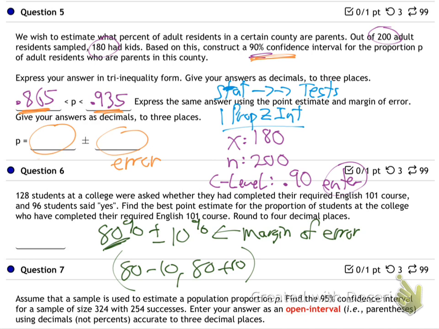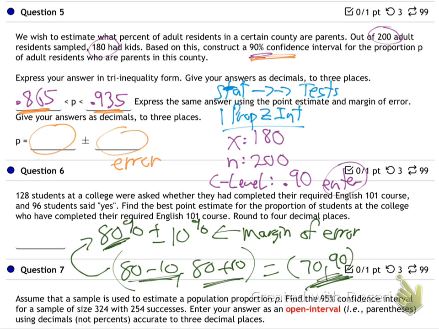Now, we want to go backwards. Do you see what we're wanting to do? This equals 70 to 90, doesn't it? 80 minus 10 is 70. 80 plus 10 is 90. So we're saying that the real percentage of adults that have kids is somewhere between 70 and 90%.